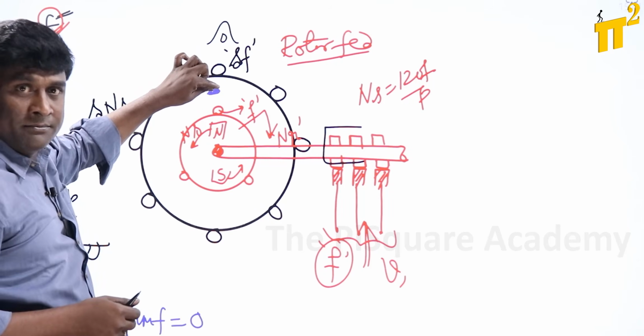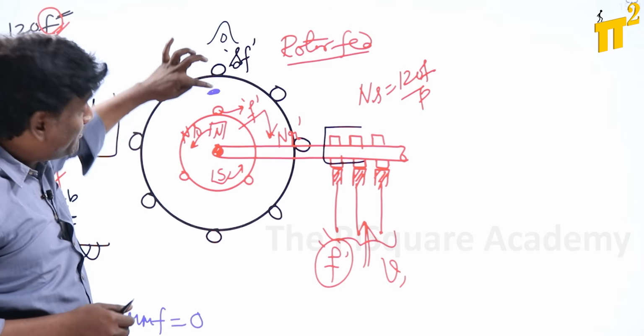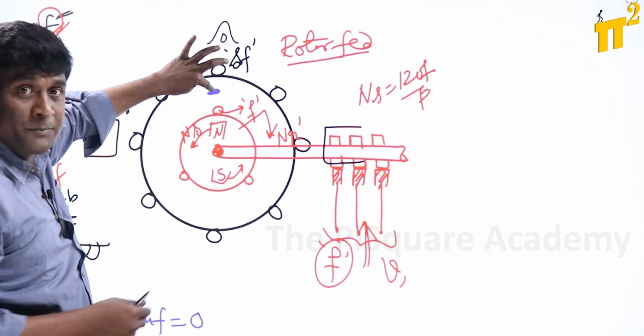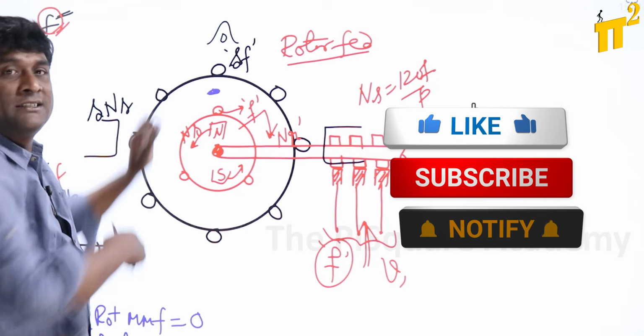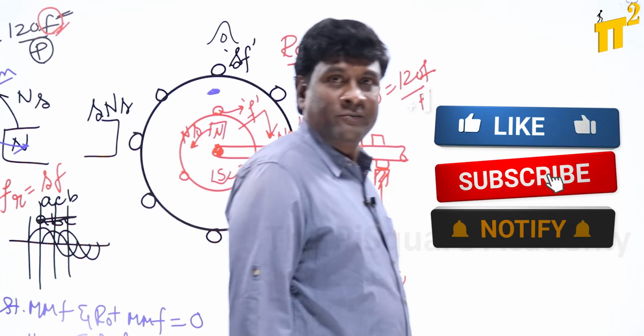So my rotor MMF in space has to rotate in this direction at 300 rpm.